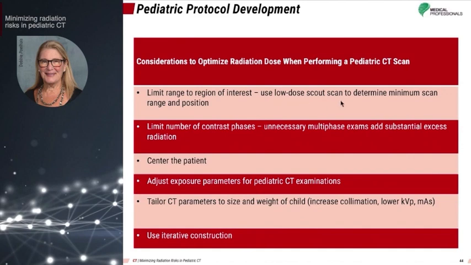Use low-dose SCOUT scan to determine the minimum scan range and the position. Limit the number of contrast phases. Using unnecessary multi-phase exams can add substantial excess radiation to the child. Be sure and center the patient.